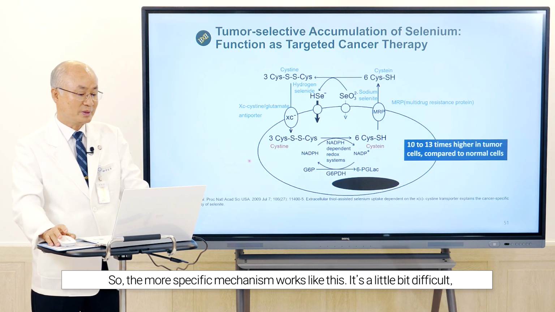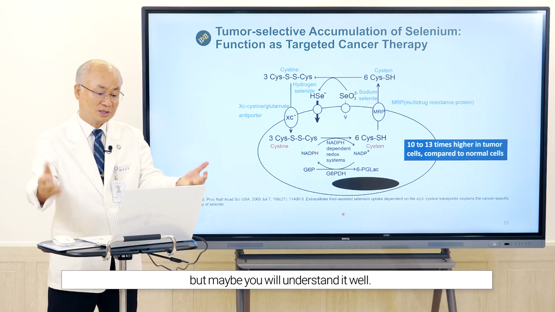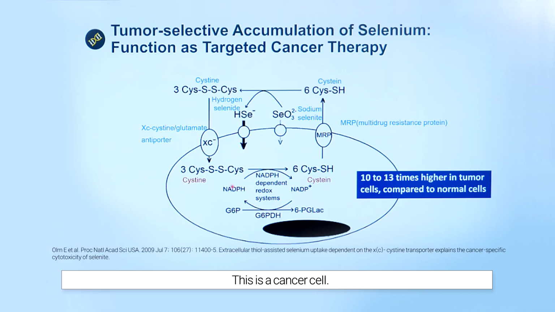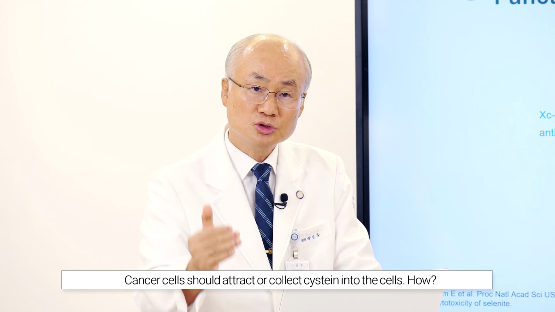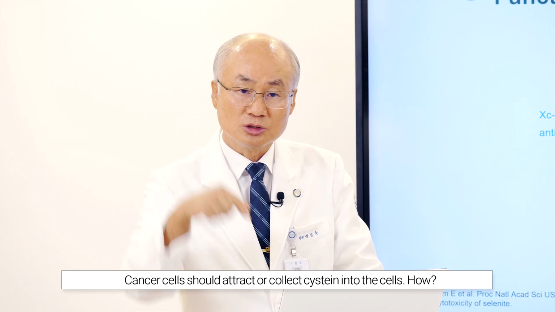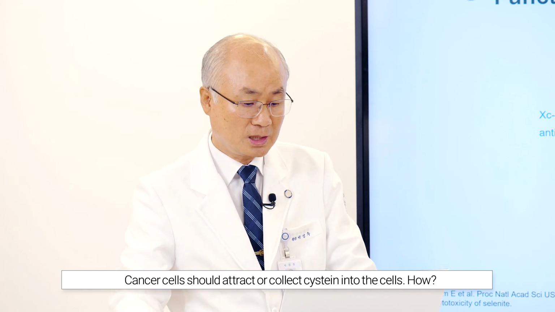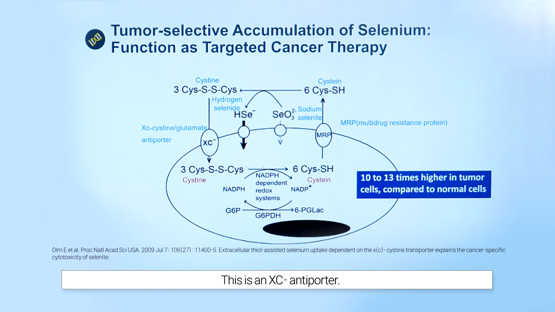So the more specific mechanism like this is a little bit difficult, but maybe you will understand well. This is a cancer cell. To produce more glutathione, it needs raw material. The raw material is cysteine. The cancer cell should attract or collect cysteine into the cancer cells. How? Through the XC antiporter, it accepts the cystine. Once cystine enters the cancer cell, it can be easily reduced to cysteine.